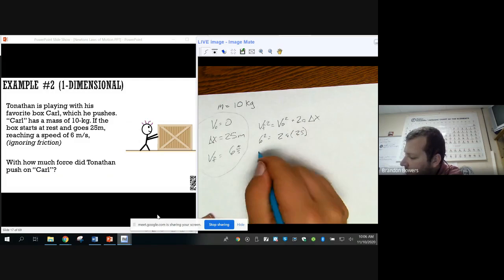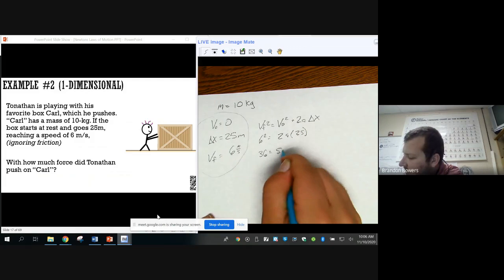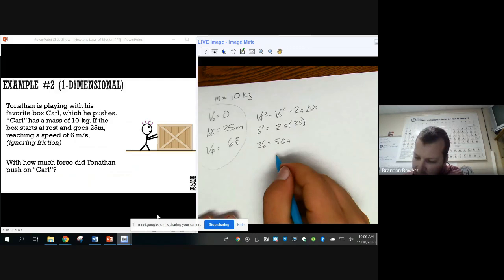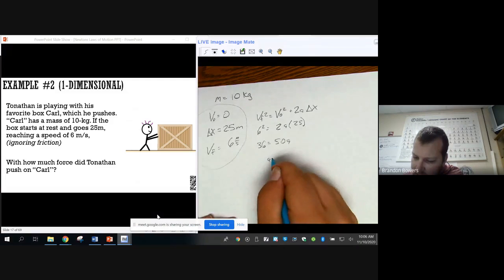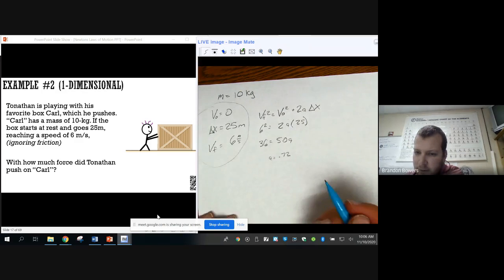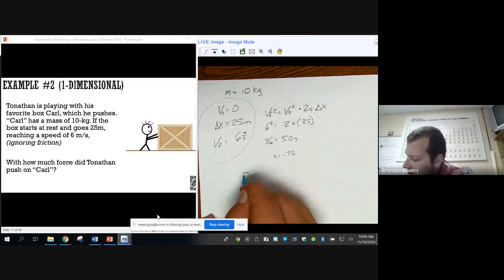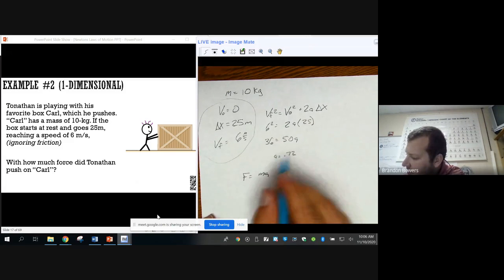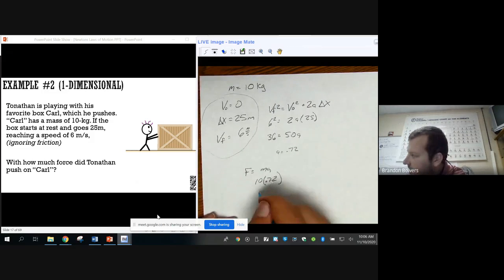So 36 is equal to 50a. Divide the 50 over, so acceleration is equal to 0.72. Force is equal to mass times acceleration, so 10 times 0.72. And with sig figs, force will be 7 newtons.